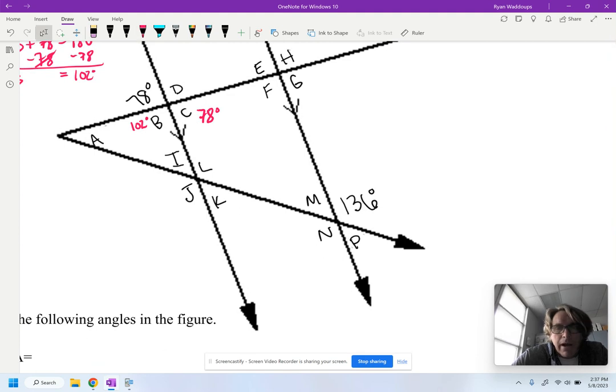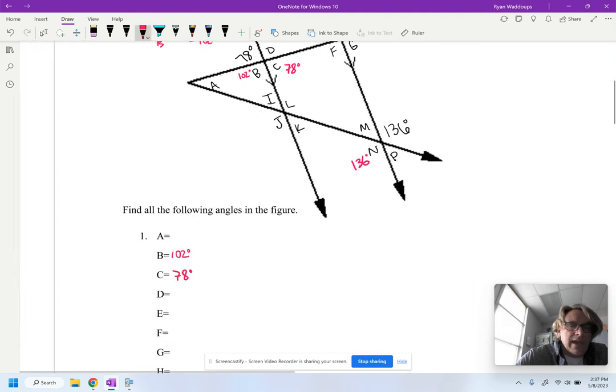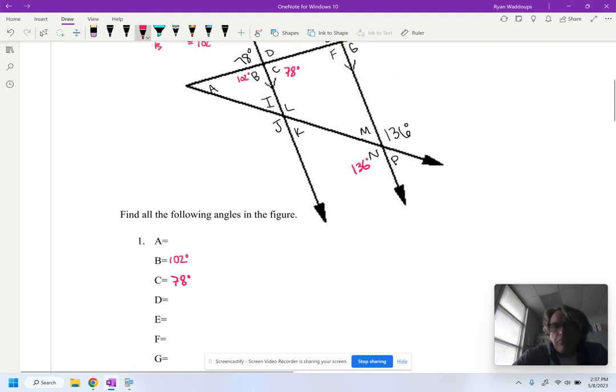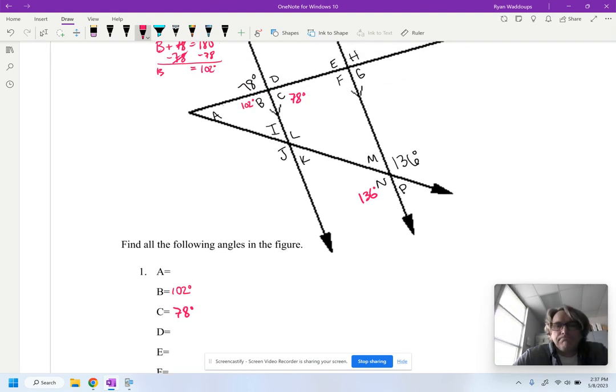So I look at 136 degrees, and once again, this would be 136 degrees because they're vertical angles. So N is 136 degrees. And angle N and angle J are corresponding angles. They're both down and to the left.